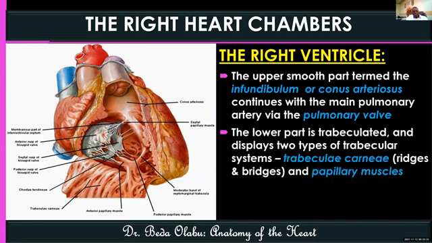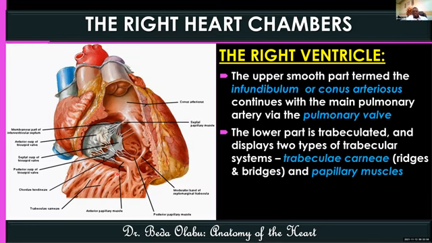The lower part of the right ventricle is rough, as we can see here. The roughness is described as trabeculae, so it is trabeculated. We have two types of trabecular systems, two types of roughness within the ventricles.